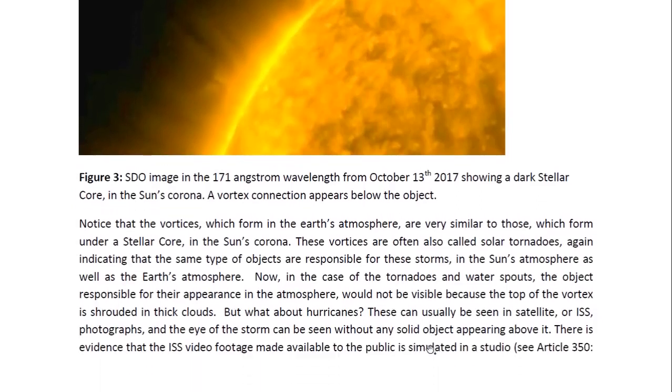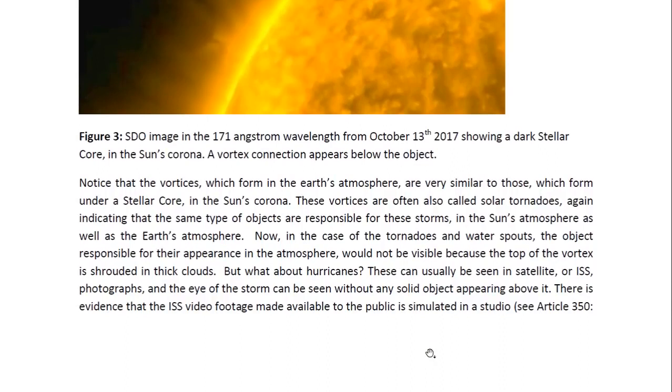Now, in the case of the tornadoes and water spouts, the object responsible for their appearance in the atmosphere would not be visible because the top of the vortex is shrouded in thick clouds. But what about hurricanes? These can usually be seen in a satellite or ISS photograph, and the eye of the storm can usually be seen without any solid object appearing above it.